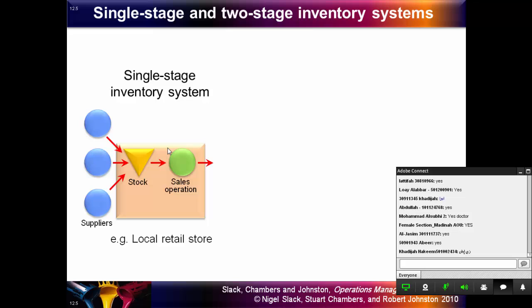For example, if we are producing a simple product like a chair, in a chair we need some wood plus some screws. The screw suppliers and the wood suppliers all put their spare parts together in this area, which, for example, belongs to IKEA.